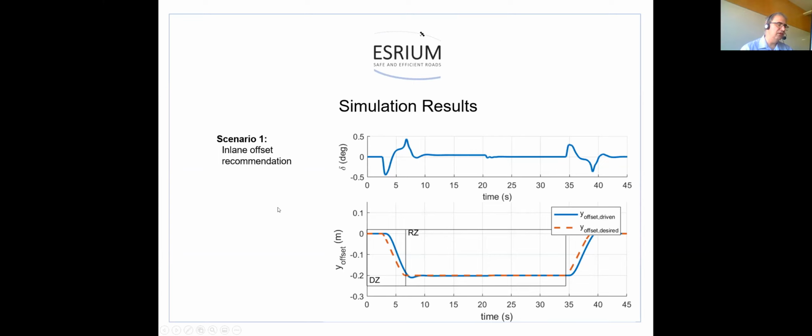At the beginning, we start with 0 offset, and in the detection zone, the DZ, we get an IVIM with the message to drive with an offset. The vehicle is shifted to the demanded offset, and in the relevant zone, the vehicle drives with the offset, and after the relevant zone, it is shifted back to 0 offset.